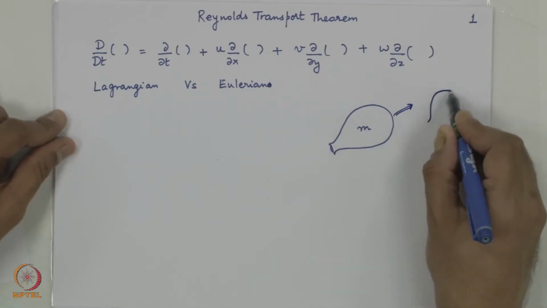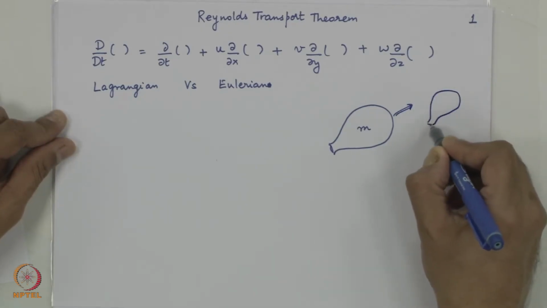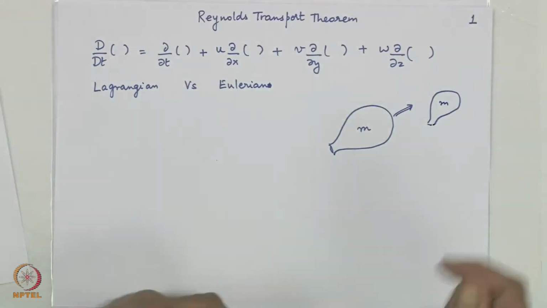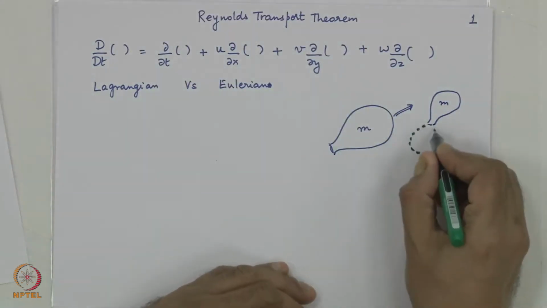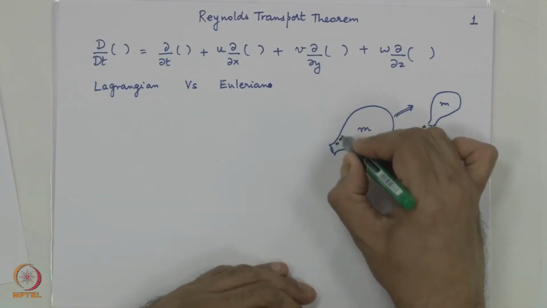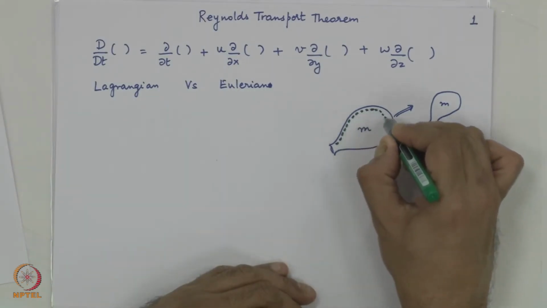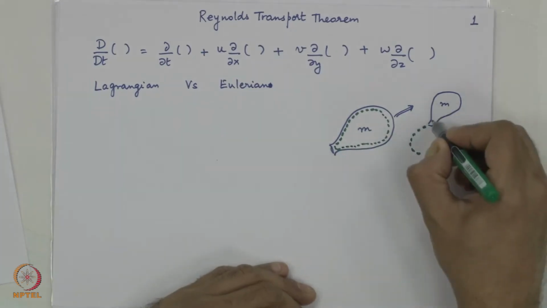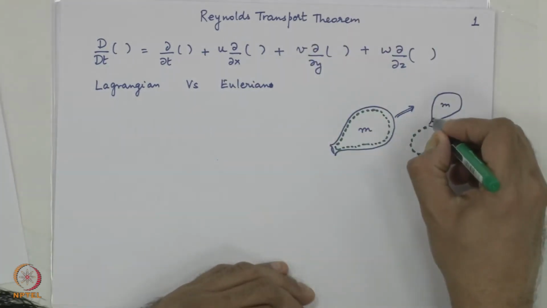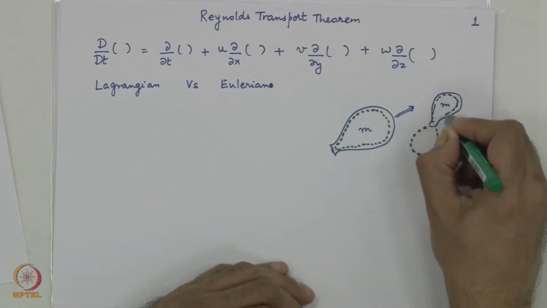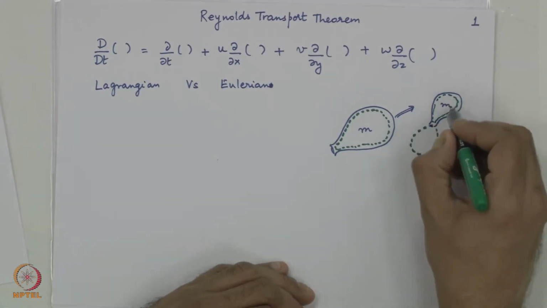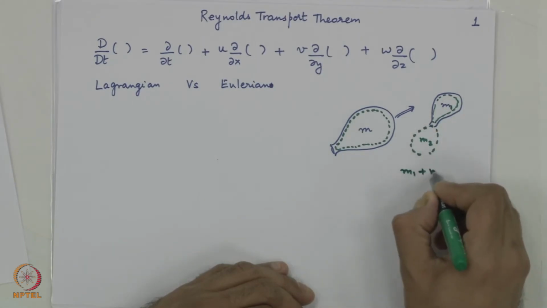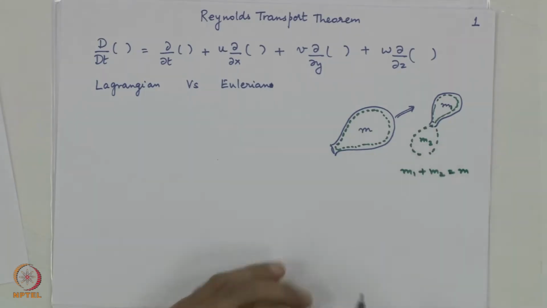What will happen is the balloon will change shape and also size, and some of the mass will go out of the balloon, which I am showing here as the control volume in dotted green. The dotted green has changed its shape and some of the mass has come out. Let us call the remaining mass M1 and the mass that came out M2. M1 plus M2 is your total mass M.